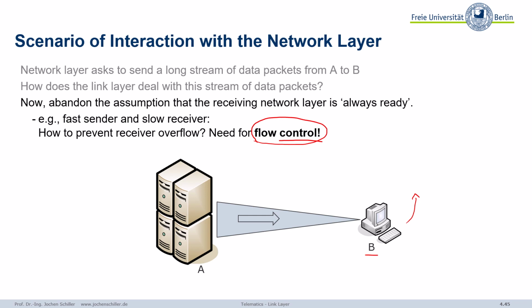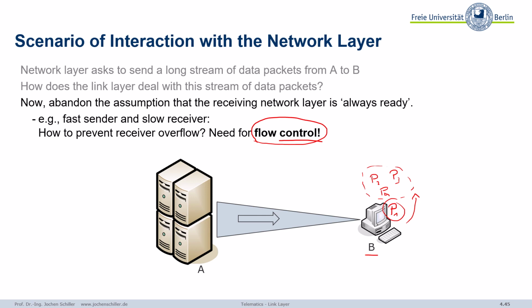There are many reasons why a receiver says, okay, right now I cannot receive anything. Maybe there are other processes running. The process receiving data is maybe one out of many processes running on a computer, and maybe the computer is simply busy.